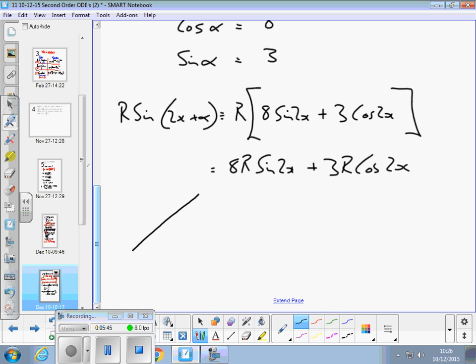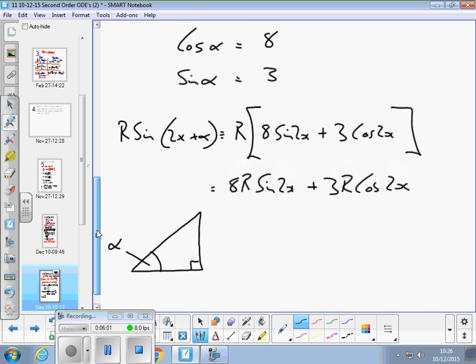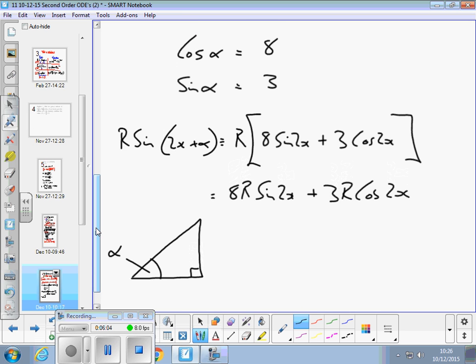Now we need to think about what's going on here in terms of this right angled triangle. This is alpha. And we know that the cos of alpha is adjacent over hypotenuse, which is 8 over r.